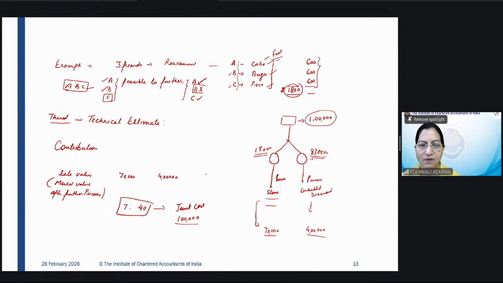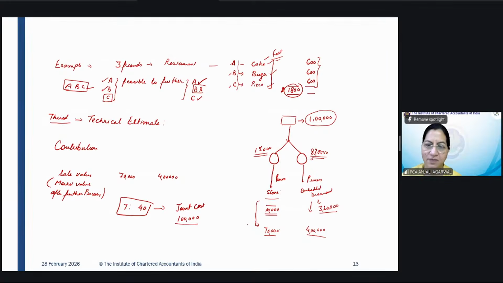So when this comes out, maybe you call a technical expert. He assesses the value of the stone as 10,000. Then he assesses the technical estimate for the diamond and says it's worth 3,20,000. So you now have information on further processing cost in a sense.